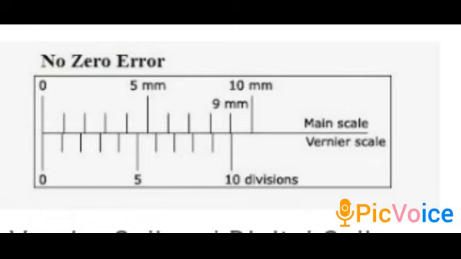First you will close the two jaws together, and then check whether the first line of the vernier scale is coinciding with the first line of the main scale. If this happens, you write down that it is free from zero error, and then you start measuring. Whatever value you get is the correct value.